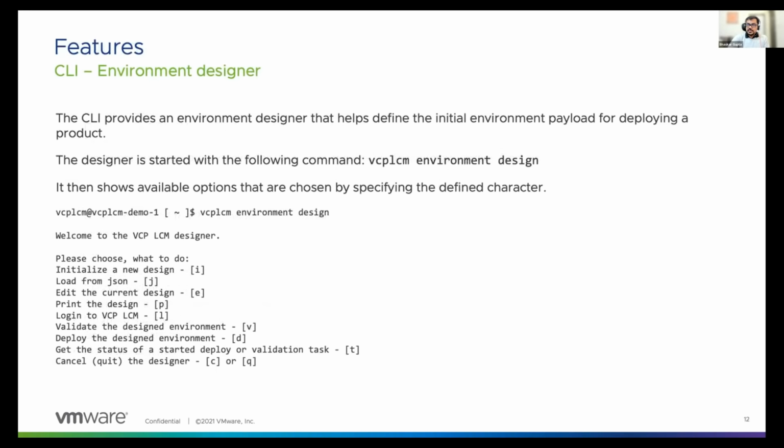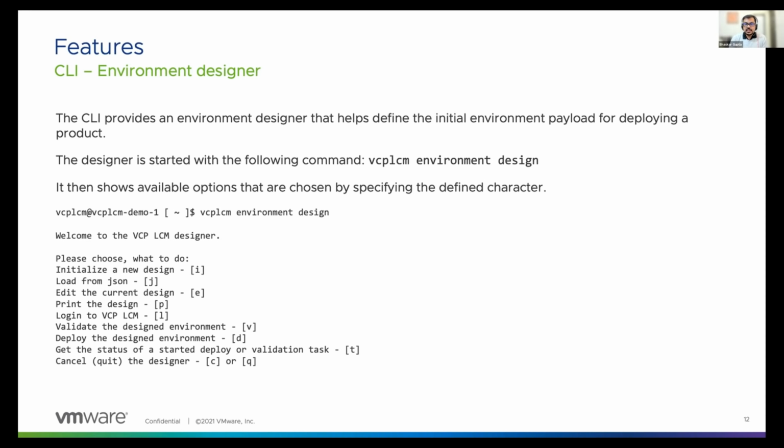This is one of the features I want to discuss, and since we'll be talking about this a lot in the demo, which I'm going to show next. The CLI environment designer: the VCP LCM CLI provides all functionality of the REST API directly on the command line. This makes it easy to integrate lifecycle management tasks into scripted pipelines.